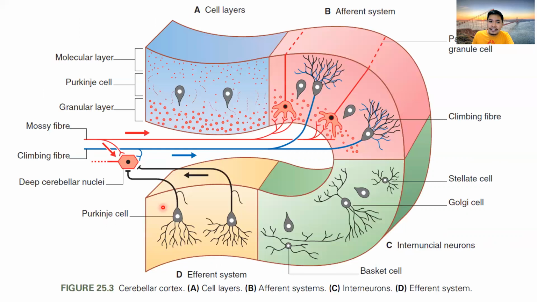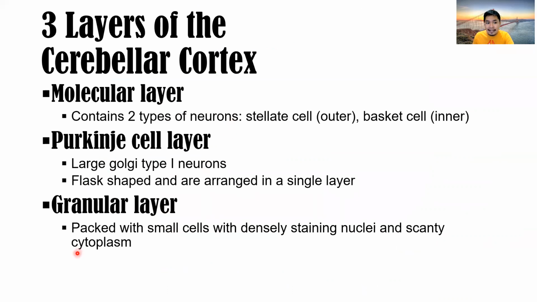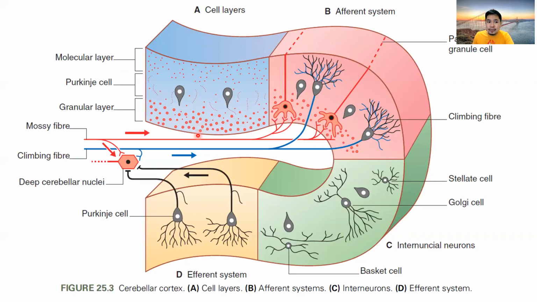The granular layer is your innermost layer that is close to your white matter. The white matter is located inside. And your granular layer is packed with small cells, or we could also call them granule cells, with densely staining nuclei and scanty cytoplasm. So we could see here the different granule cells of the granular layer.